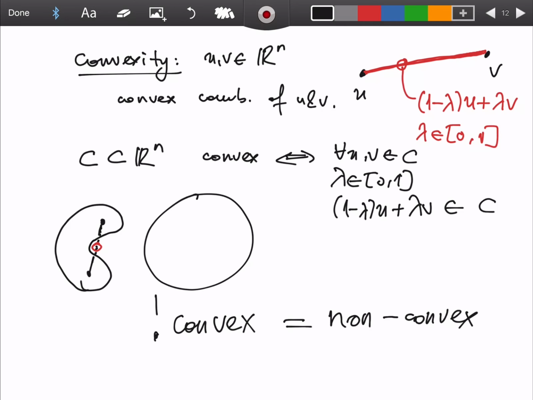Let's extend this notion to functions. Just remember our object of interest is this function L from Rn to R, so its domain lies in Rn. And I will remind you what a graph of L is.